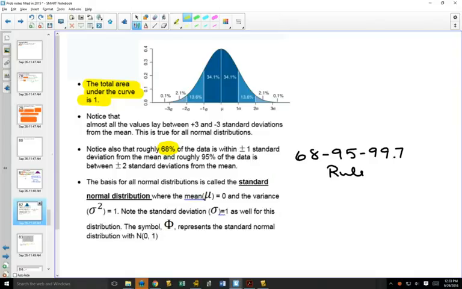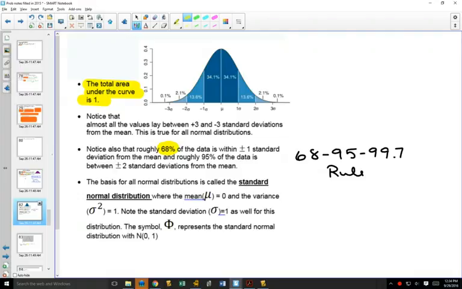So if we find out that the average height of Canadians is 5'6" and the standard deviation is 4 inches, we would be able to say that 68% of Canadians are between 5'2" and 5'10". I'm not sure if my data seems right, but that's how that data would read.